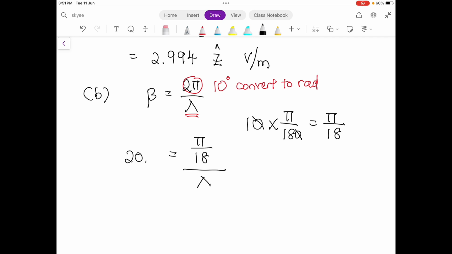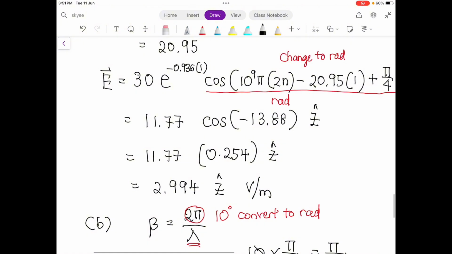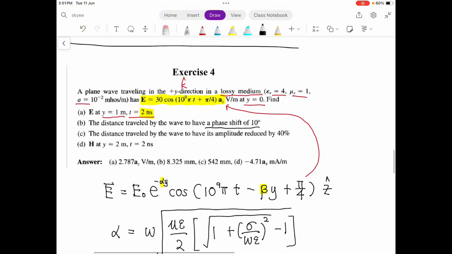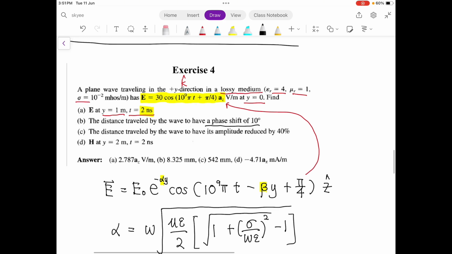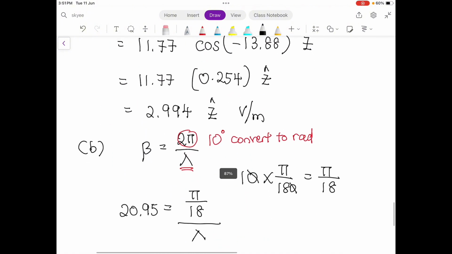So the lambda is easy, you can get 8.33 millimeter. This 8.33 millimeter is telling you that after the wave has a phase shift of 10 degrees, it will travel 8.33 millimeter.